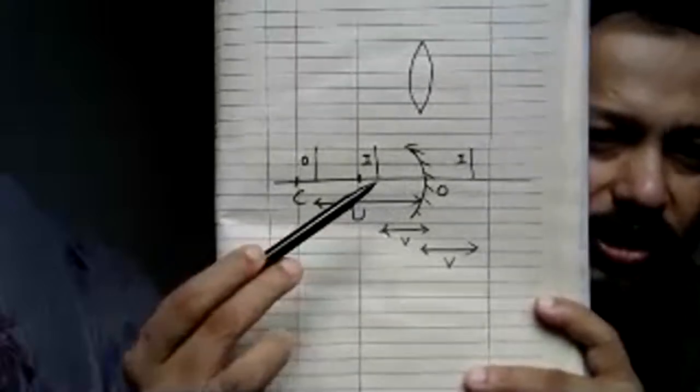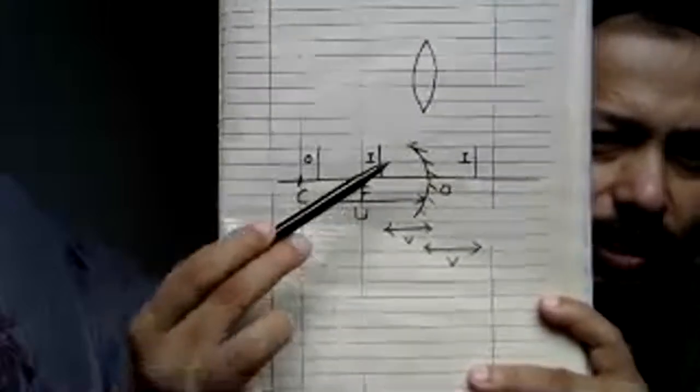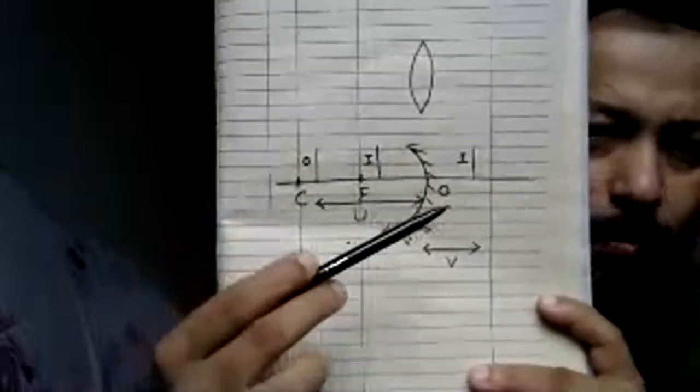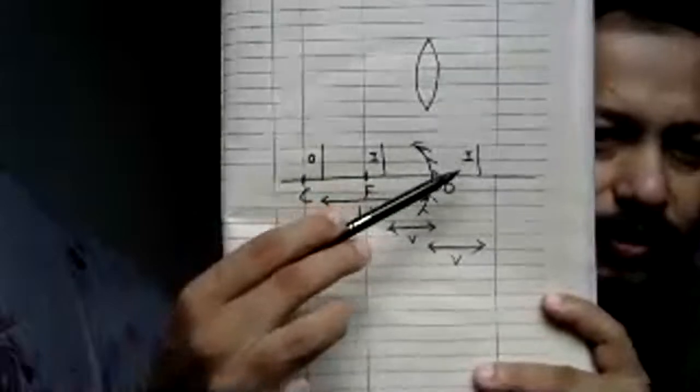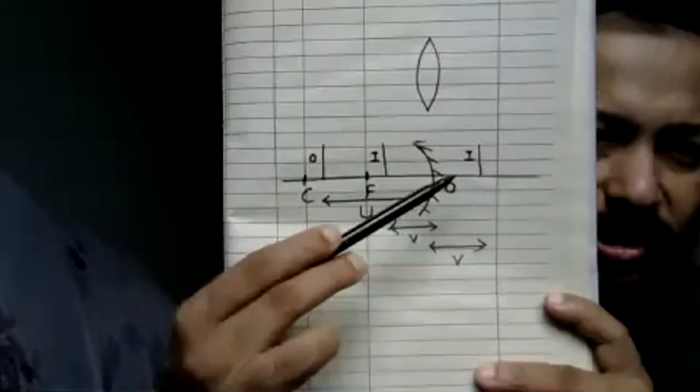This distance is called U, the object distance. And if this is the image, then the distance between the image and the pole is called image distance.